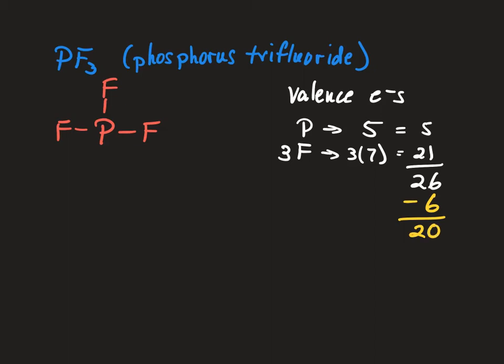So we start around the outside, putting them down in pairs. That accounts for 18, leaving us 2. The 2 have to go to the central atom to give it an octet.